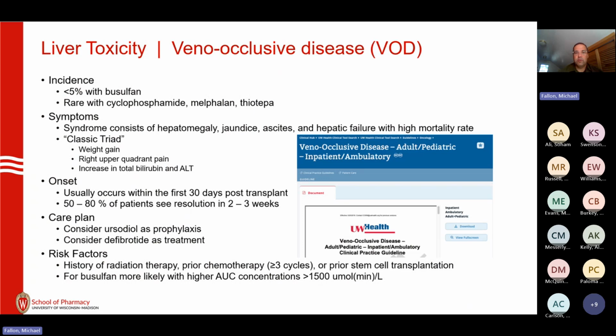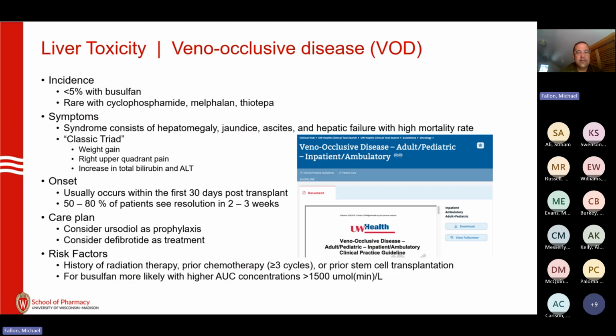So veno-occlusive disease, which we talked about earlier, is probably closer to 1 to 2%, less than 5% for sure. Busulfan would be the most common agent that causes this. There's this real classic triad: weight gain, upper quadrant pain, and increase in liver enzymes. This usually comes on in the first month, which is not a great time because people are often sick with other symptoms.